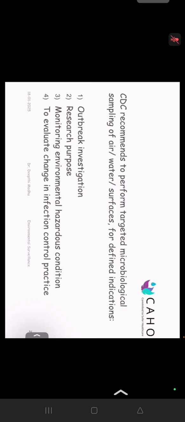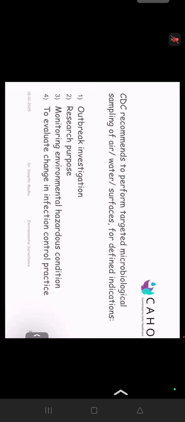Now, the third one is water surveillance sampling. Water surveillance sampling is something that needs to be done on a periodic basis. This is not something that we do only when a problem arises or to look for specific things. It is to be done periodically, because the water that we use in a healthcare institution is for multiple purposes, ranging from consumption to sterilization, washing of clean and sterilized instruments, your dialysis machine, your RO water, and your laundry.